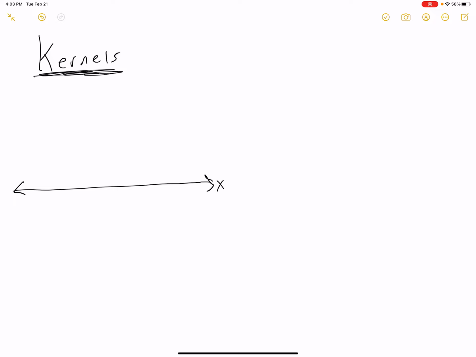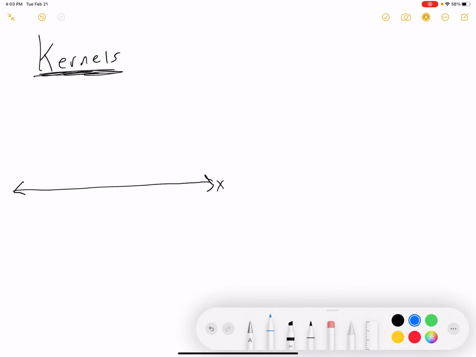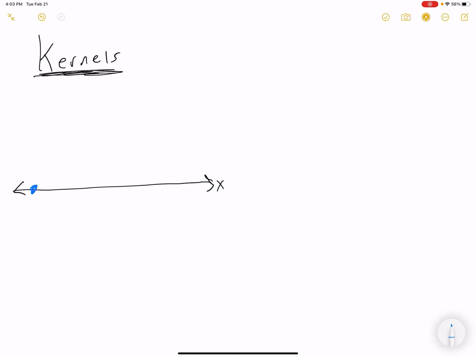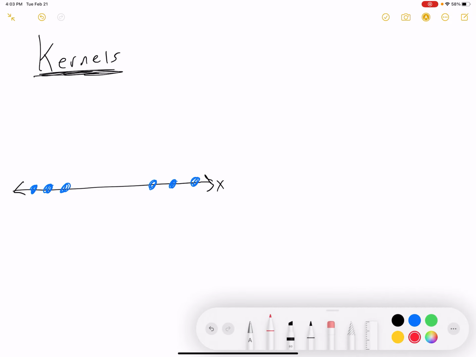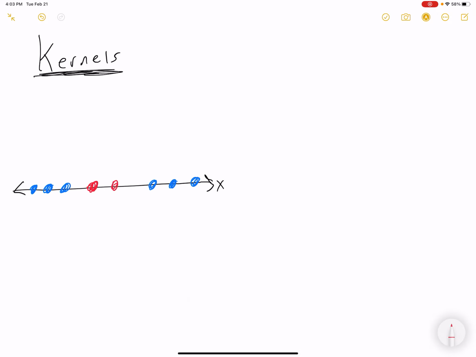For example, if we have some blue points out here and some blue points out here and some red points in the middle, and we're just working with a one-dimensional input. Drawing that out, there's no point that's going to separate the points well.